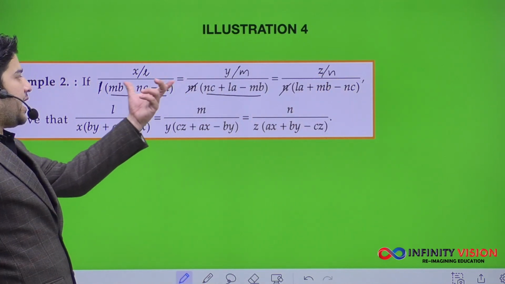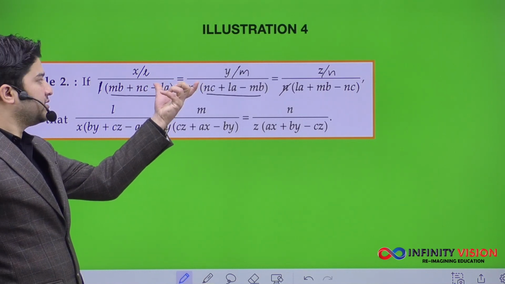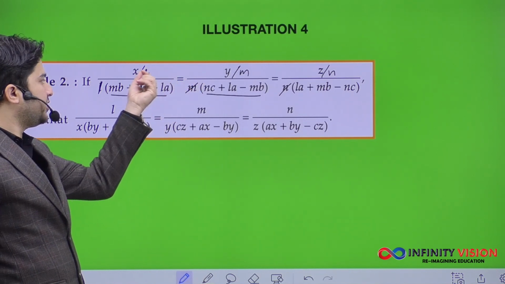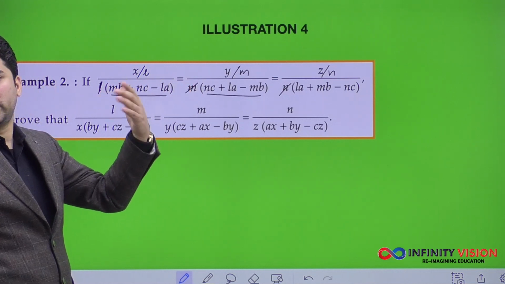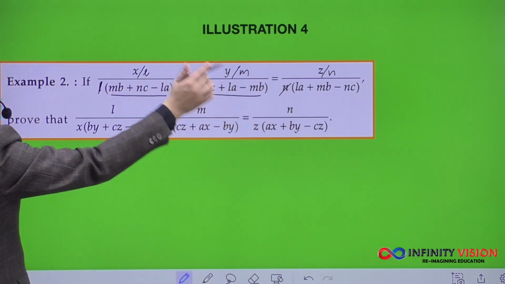And I'll try to add these two fractions first. So numerator plus numerator upon denominator will make the fraction the same.